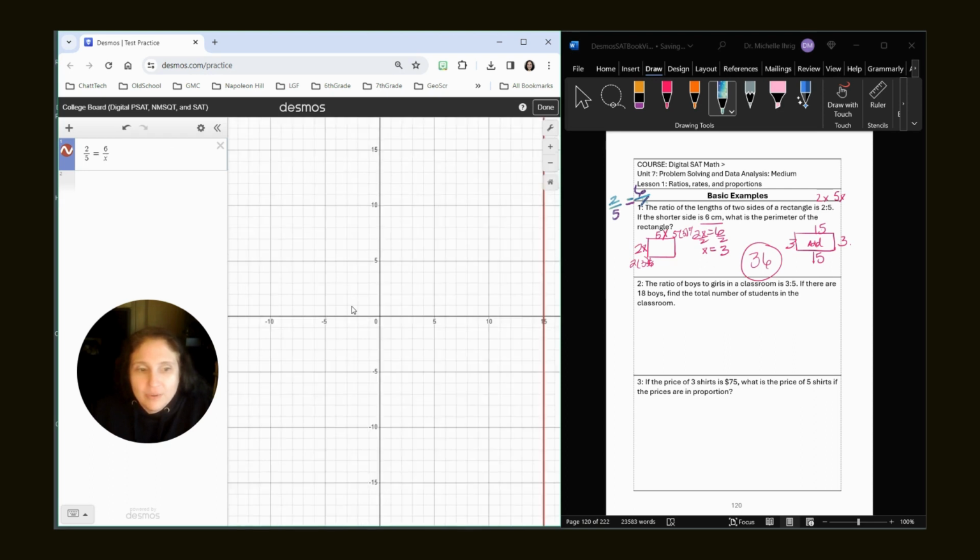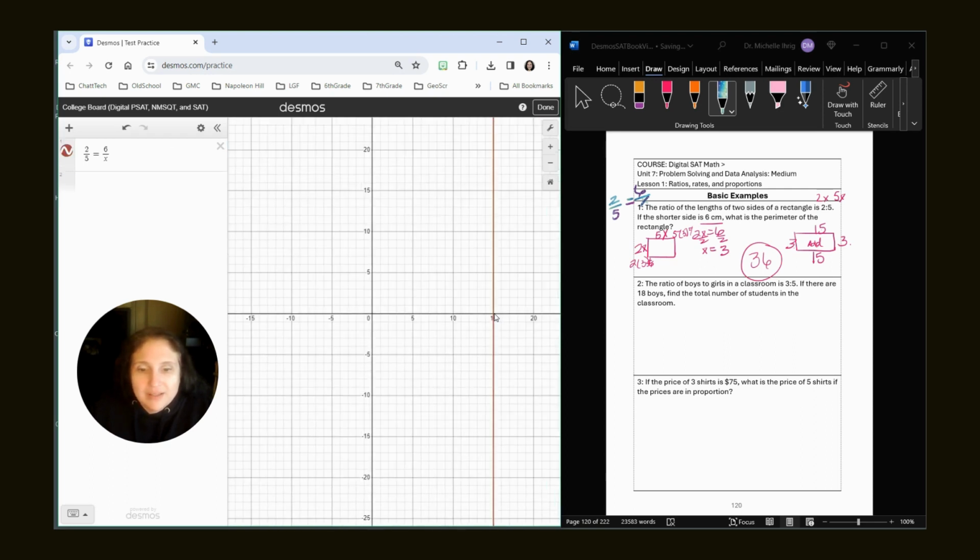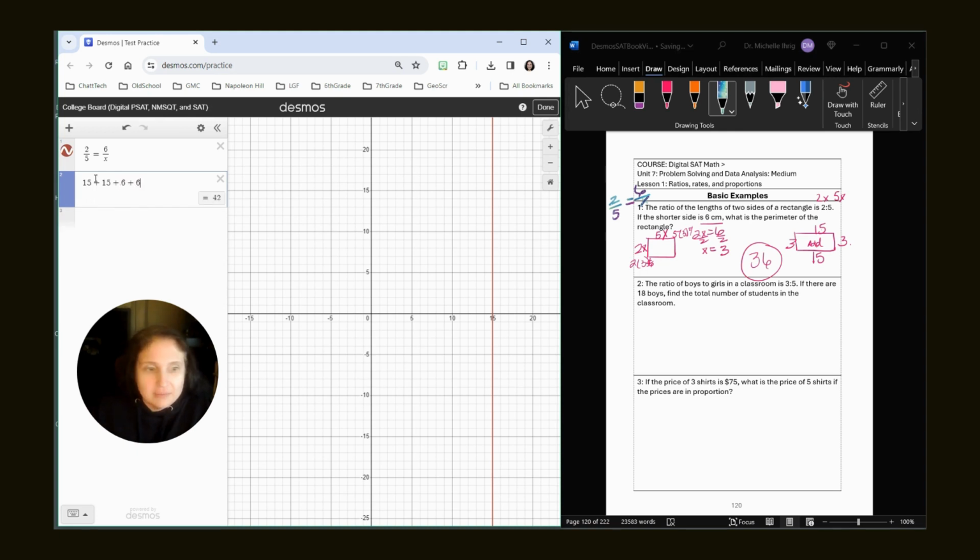And if we scroll out, we can see that that side length is 15. And then you could have done 15 plus 15 plus 6 plus 6, and gotten 36 that way.